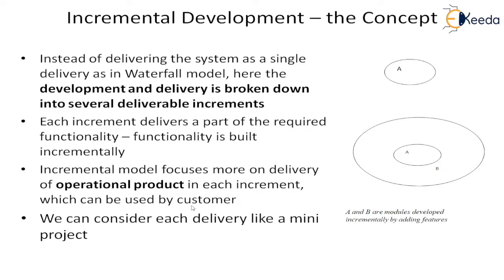The customer will be using that particular increment. We can consider each delivery like a mini project. This is the first mini project, and having completed it, we take up another mini project and deliver, and then again another. So the big project is divided into several mini projects or several increments.